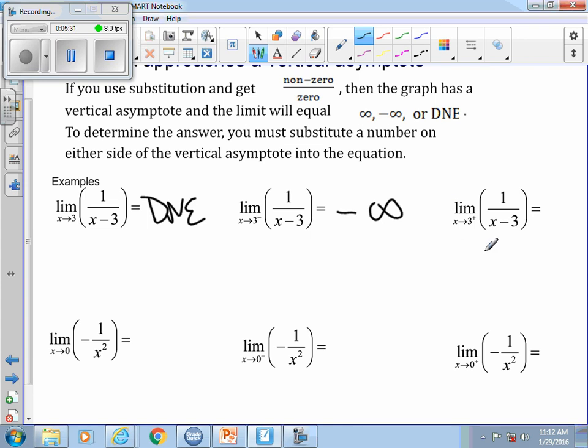And if I stay close, we get a positive number, 3.01. Now, 4 would work on this problem, but sometimes if you get too far away, it might mess you up. So, positive infinity. Any questions about that one?